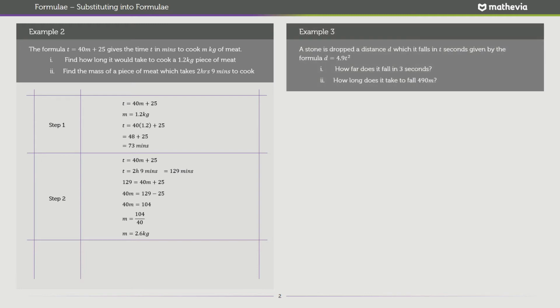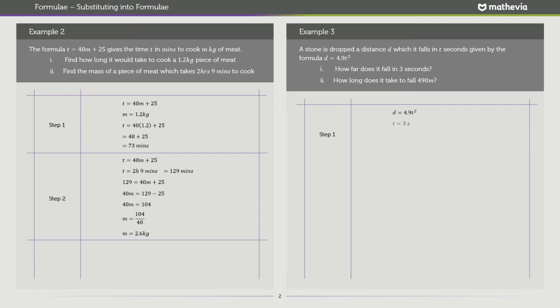Final example. A stone is dropped, and the distance d which it falls in t seconds is given by the formula d equals 4.9 t squared. How far does it fall in 3 seconds? And how long does it take to fall 490 meters? We have this formula showing the relationship between the distance that a stone falls through and the time it takes to cover that distance.